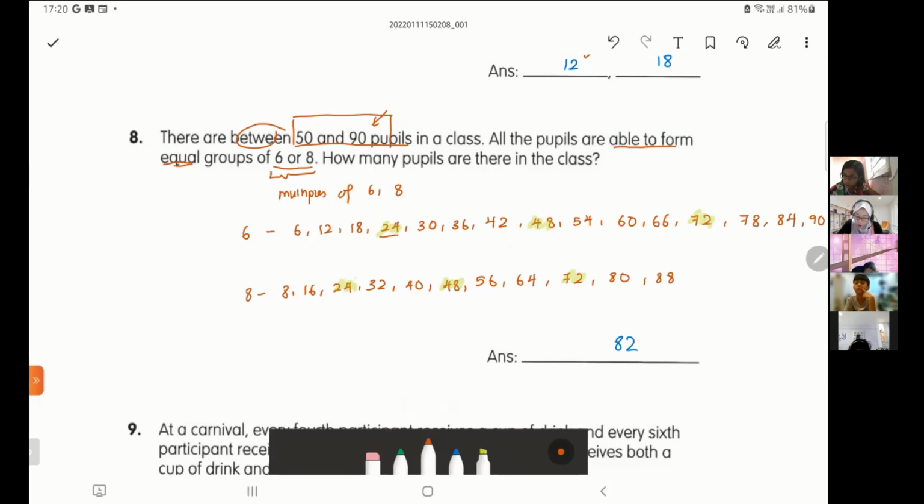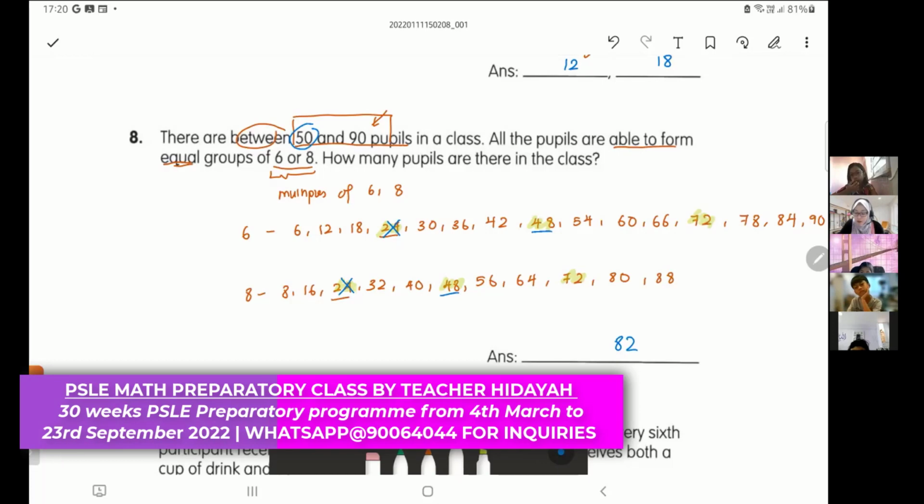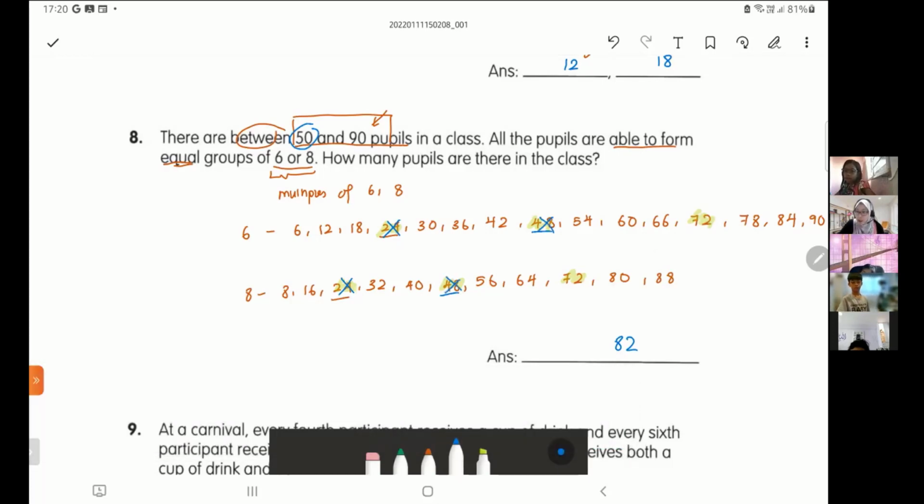So 24 is not bigger than 50, it is smaller, so it's out. And then 48 is smaller than 50. Out. What about 72? It is bigger than 50. It is smaller than 90, right? So yes, the answer is 72. So it is 72, not 82. All right, almost there.